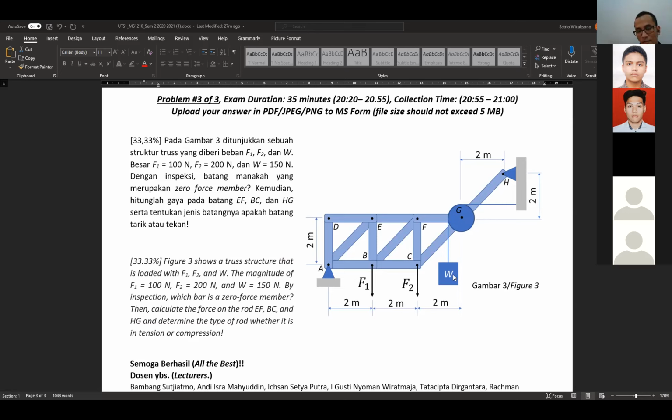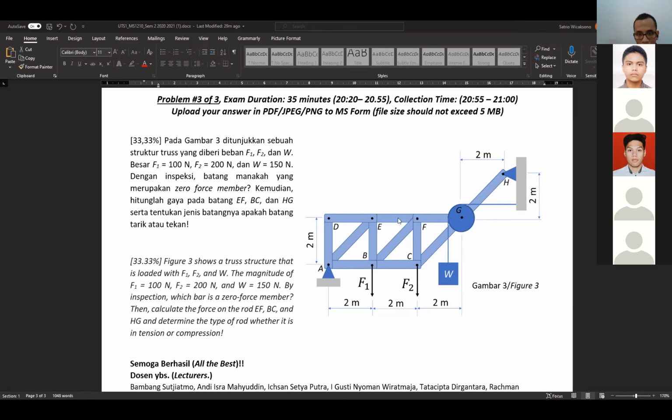So DE and AD are zero force members. That's all. Nothing else there is supposed to be a zero force member. So actually you can just exclude these. Then calculate the force on the rod EF.